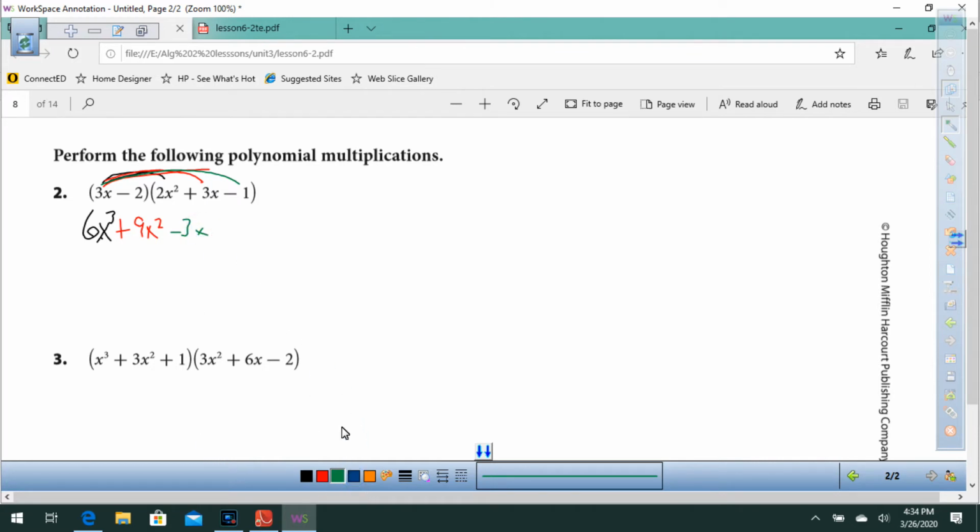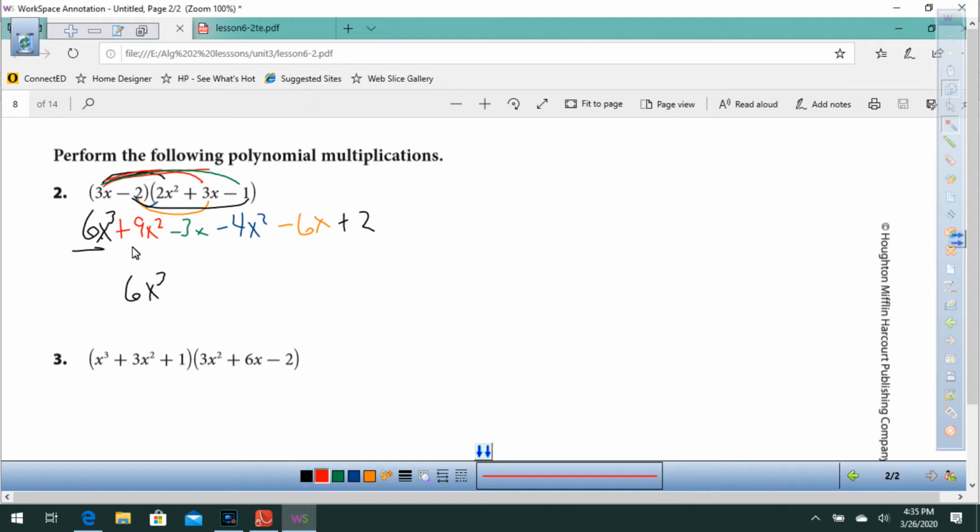And then we're going to do the bottom one. Negative 2 times 2x squared would be minus 4x squared. Then negative 2 times 3x would be minus 6x. And then, last but not least, negative 2 times negative 1 would be plus 2. Now we combine: 6x cubed, no other x cubed, so we've got 6x cubed.